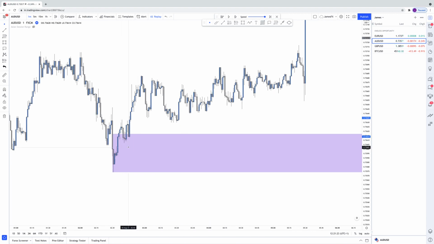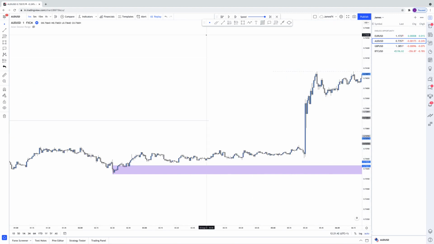But then we left some imbalance on the 1 minute. We broke structure here and price didn't come back into these levels. And even down here, we have this visible candle, which is important. But what I'm looking at more so is these lows here for price to come down to seek liquidity.